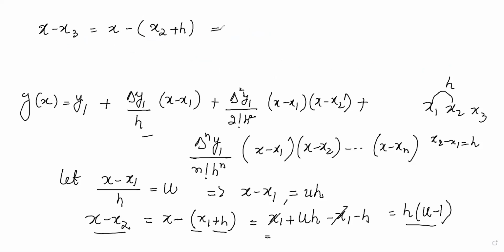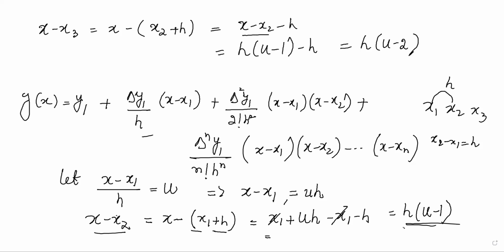So x minus x2 minus h. But x minus x2 is equal to h times (u minus 1), so this is h times (u minus 1), and you have minus h. That's equal to h times (u minus 2).